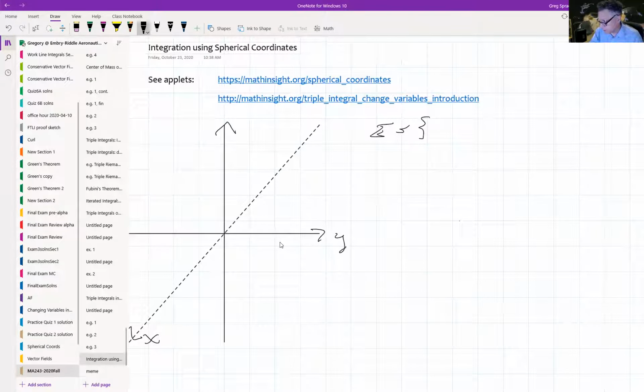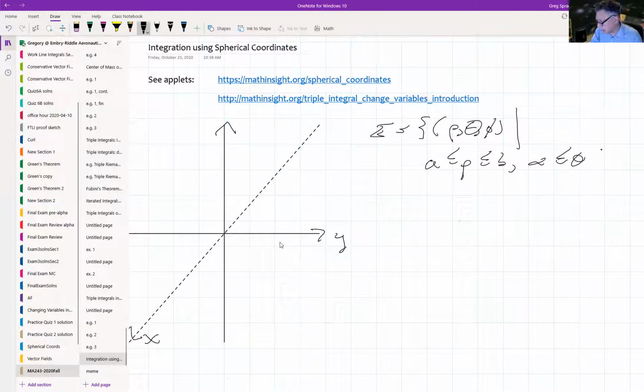So we'll learn how to integrate over a set of the form rho, theta, phi, where rho goes from A to B. Theta goes from alpha to beta. And what are some good letters for phi? Well, I'll just say from gamma 1 to gamma 2. I don't know that many Greek letters.